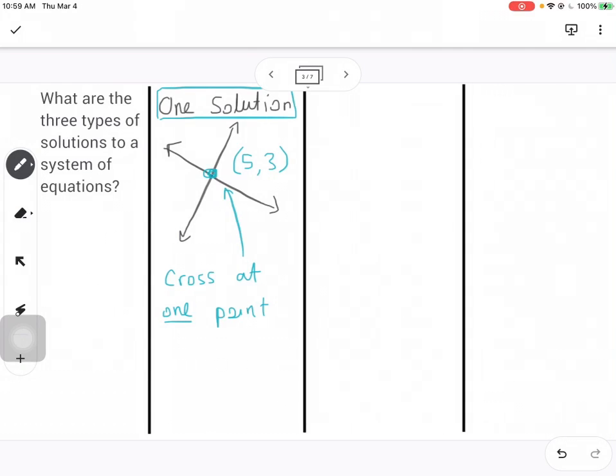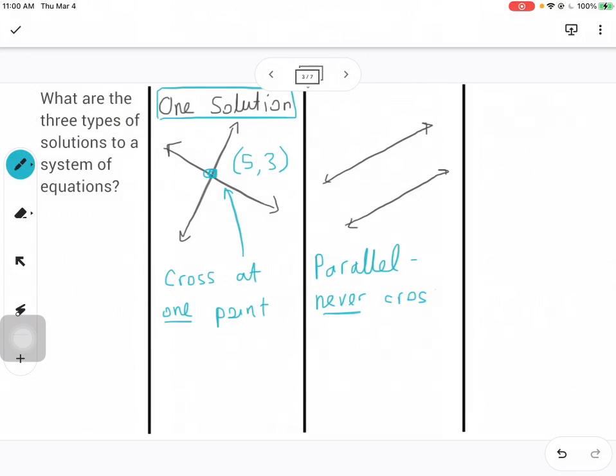Another case is when you have 2 lines that are parallel. So they're side by side. Parallel lines never cross each other.